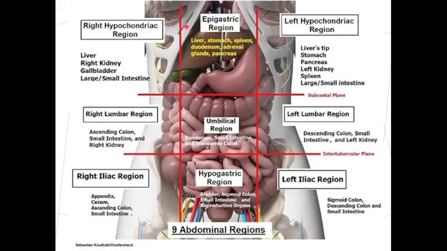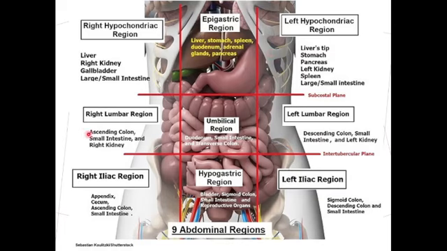As you can see, we have the liver, the stomach, the spleen, the duodenum, the adrenal glands, and our pancreas. In our left hypochondriac region, we have the liver tip, just right here, part of the stomach, pancreas, the left kidney just behind here, the spleen, and the large and the small intestine.